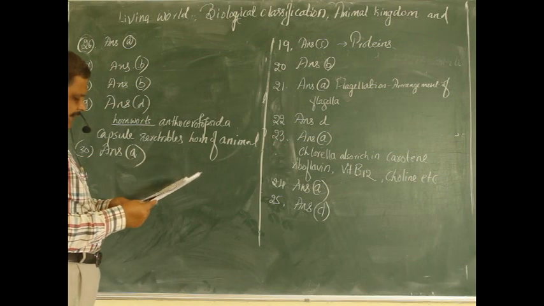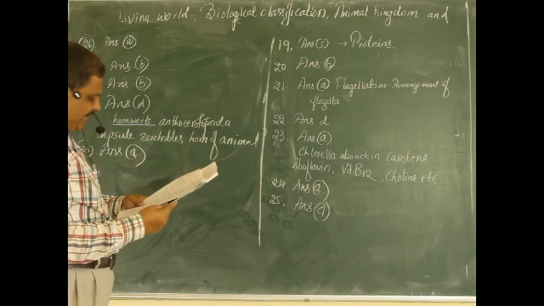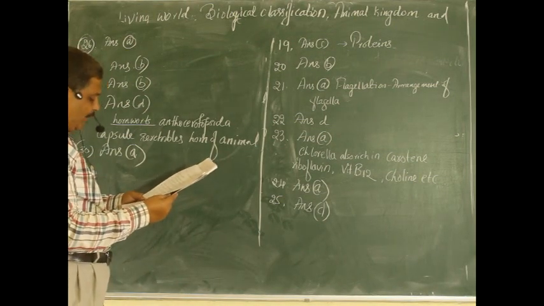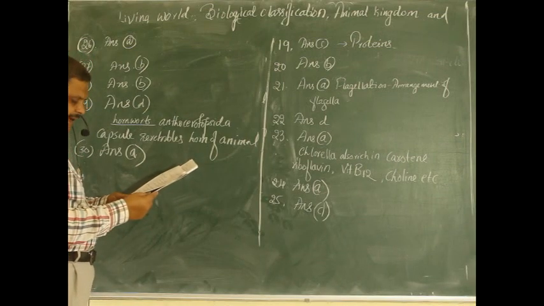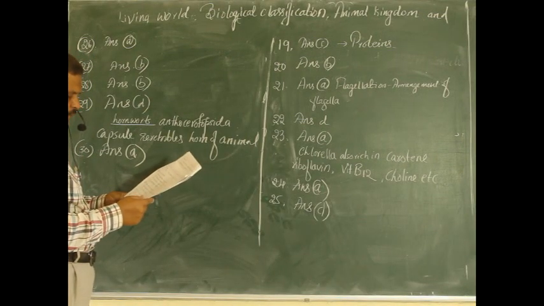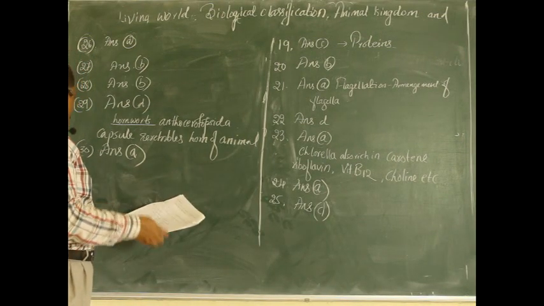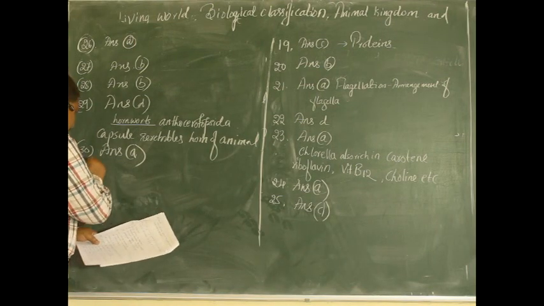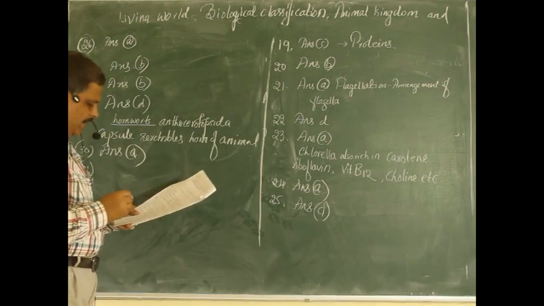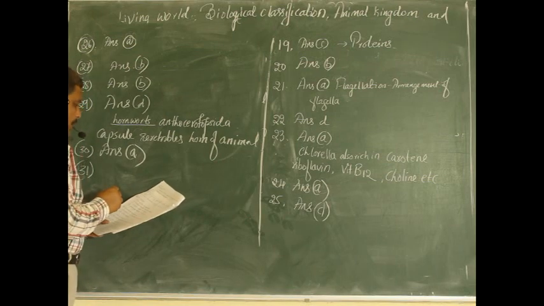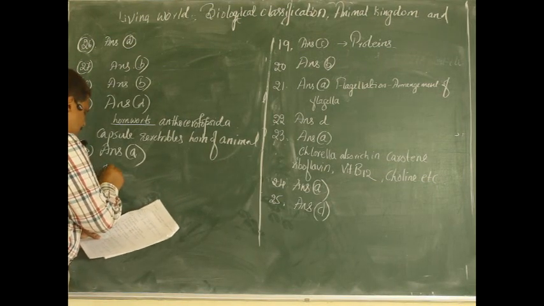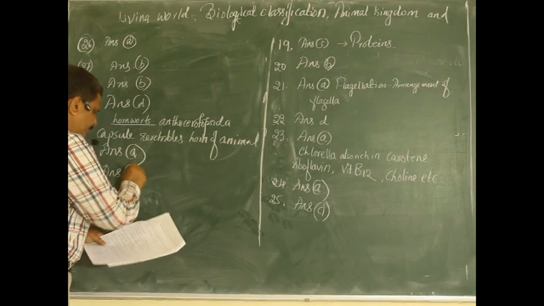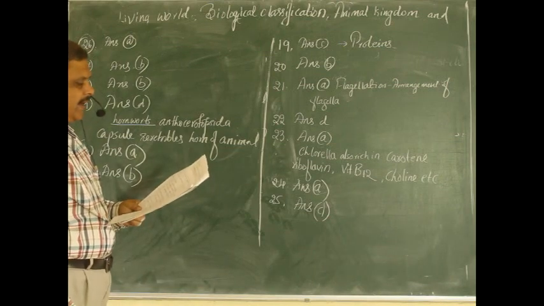In ferns, the term frond is given to: option A, root; option B, leaves; option C, stem; option D, sex organ. The name frond is given to option B, leaves.